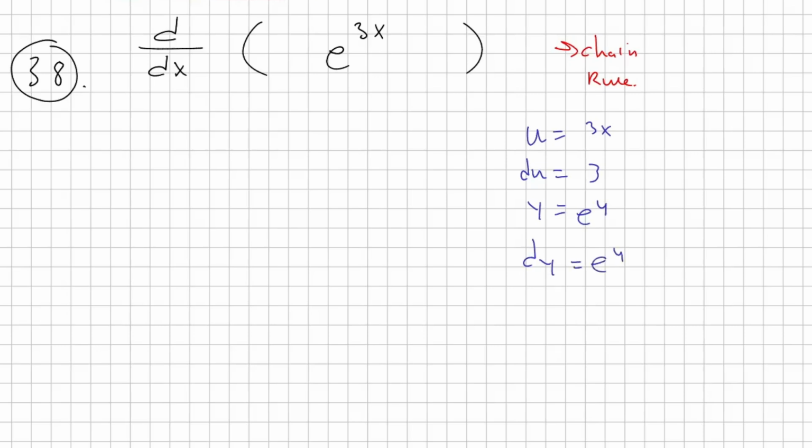From this we can start inputting what we need to know. We're going to have e to the u times du. So it's going to be e to the 3x times 3. So our answer is 3 e to the 3x. And that's it for this question over here.